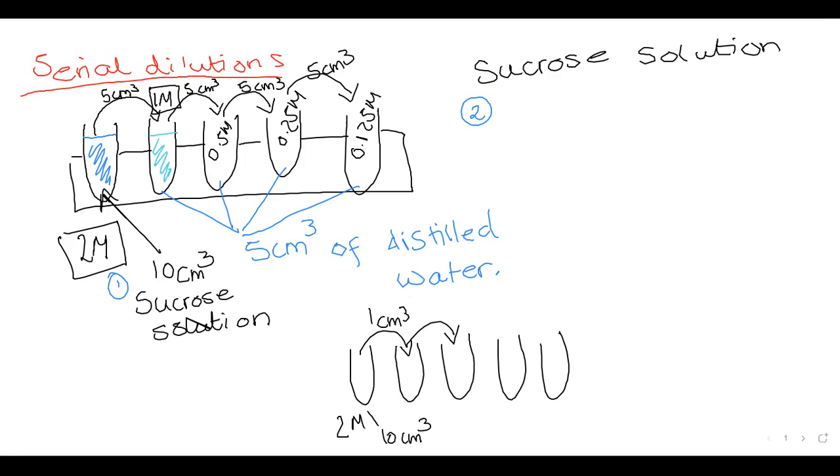So you can change whatever rate you're diluting by, but that's how we can do that. So that's one way of making solutions of different concentrations, serial dilution.